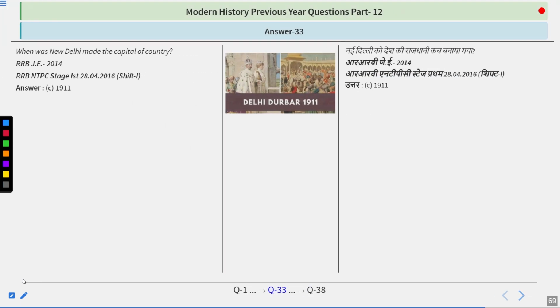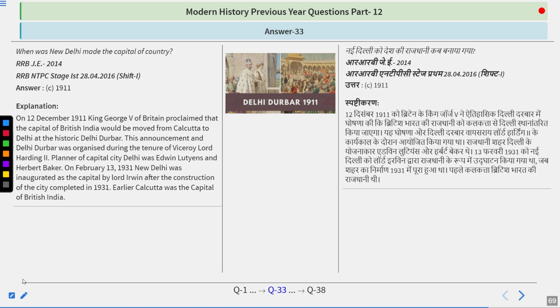Again, the answer is 1911. So on 12 December 1911, King George V of Britain proclaimed that the capital of British India would be moved from Calcutta to Delhi at the historic Delhi Darbar. This announcement and Delhi Darbar were organized during the tenure of Viceroy Lord Hardinge II. Planners of the capital city Delhi were Edwin Lutyens and Herbert Baker.